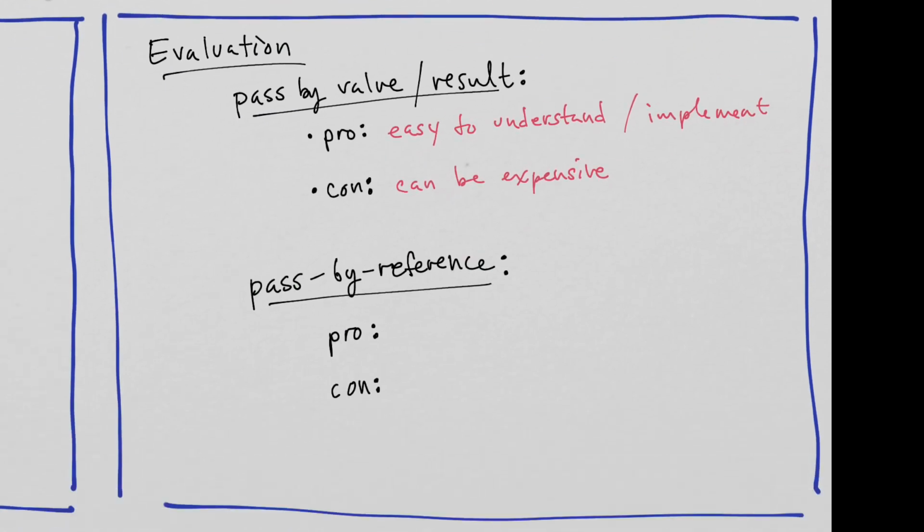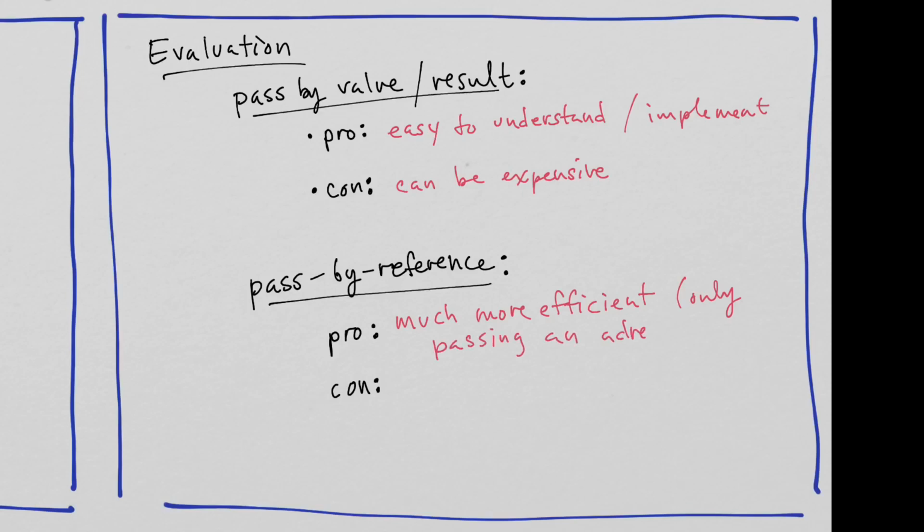Okay, so coming back here, what that tells us is the pass by reference, a pro is that it is much more efficient, potentially efficient, only passing an address, right?